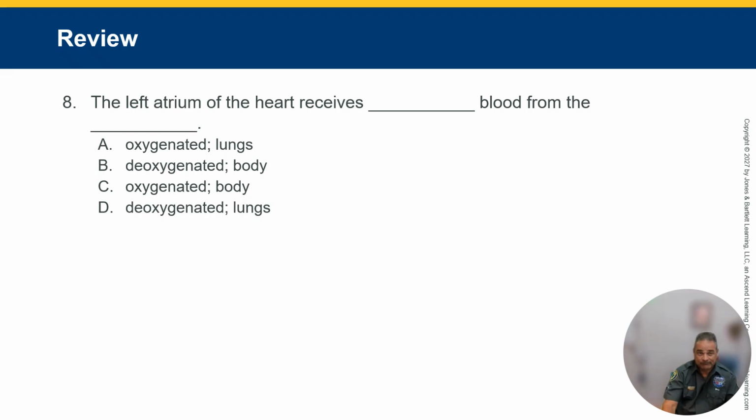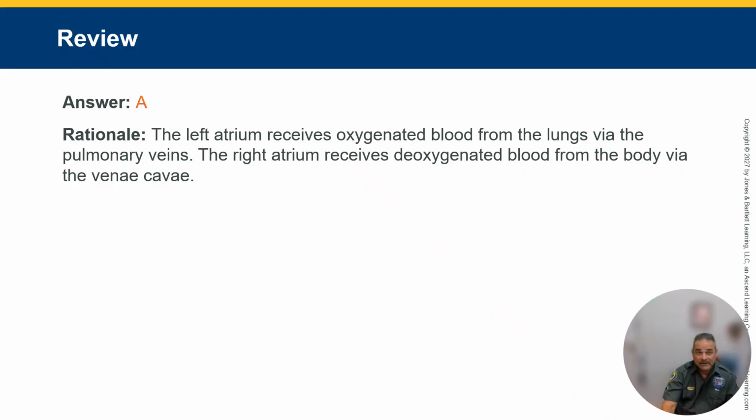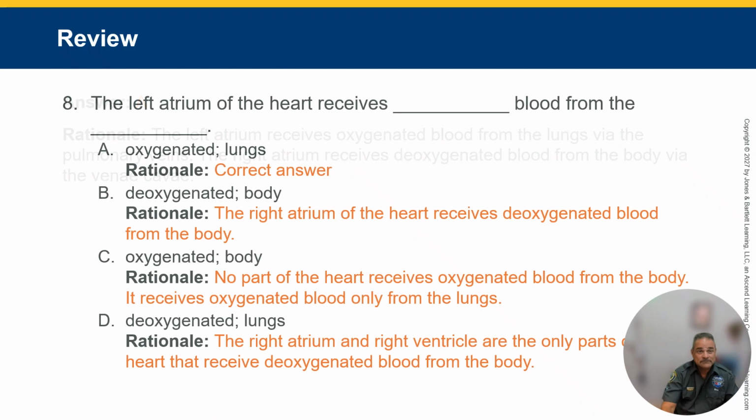Left atrium. Very good. If you said A, you are correct. It receives the oxygenated blood from the lungs via the pulmonary veins, pushes it down into the left ventricle, which pushes it up into the aorta and returns it to the body. Here's your rationale.